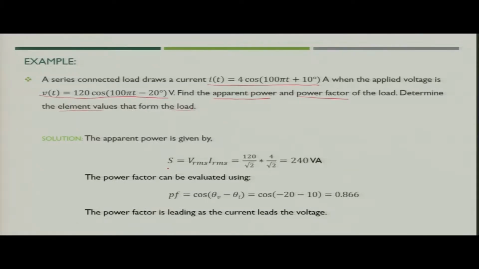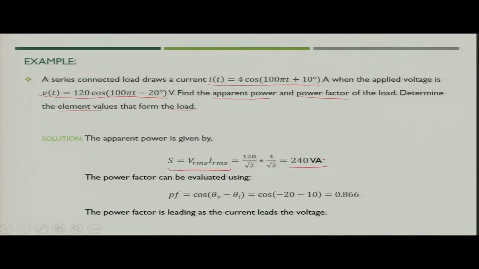The apparent power would be V_RMS times I_RMS. Since both are sinusoidal waveforms, V_RMS would be Vm by root 2 and I_RMS would be Im by root 2. Just put the values of Vm and Im and simplify, you will get apparent power as 240 volt ampere.